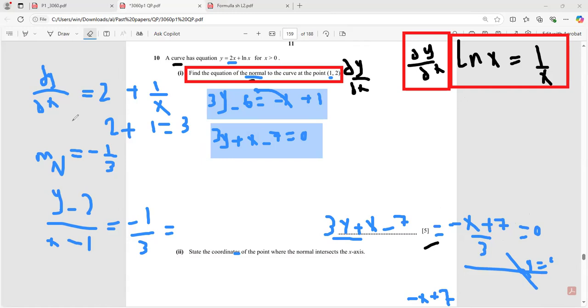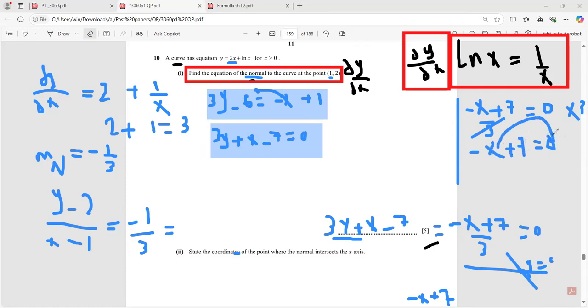Okay, let's solve it here. The equation is negative x plus 7 over 3 equal to y, which is 0. By multiplying by 3 on both sides, this still gives 0. So negative x plus 7 equals 0.